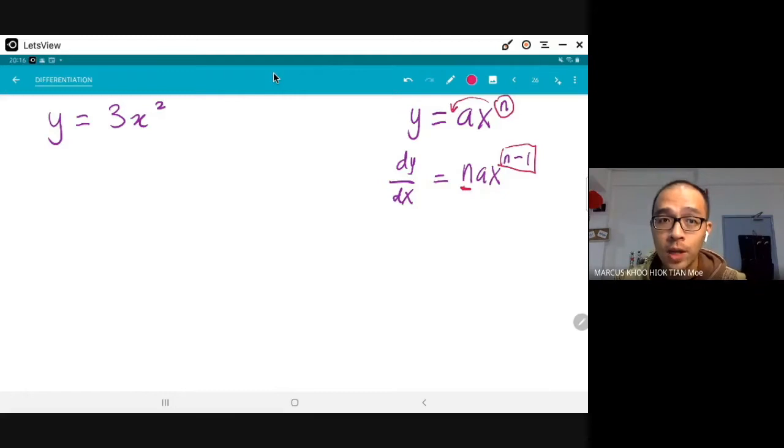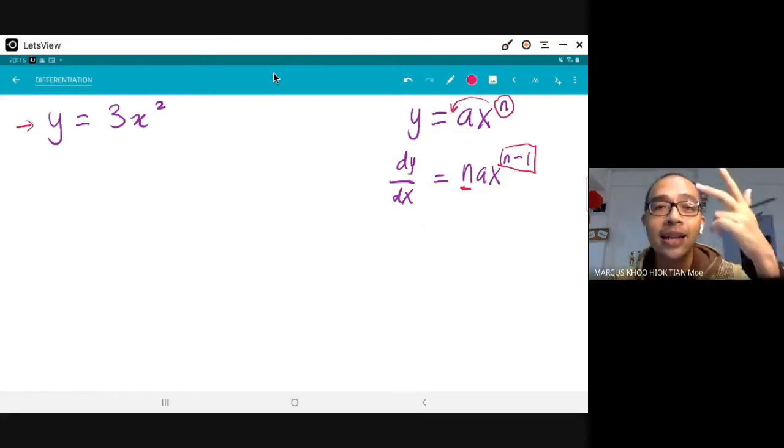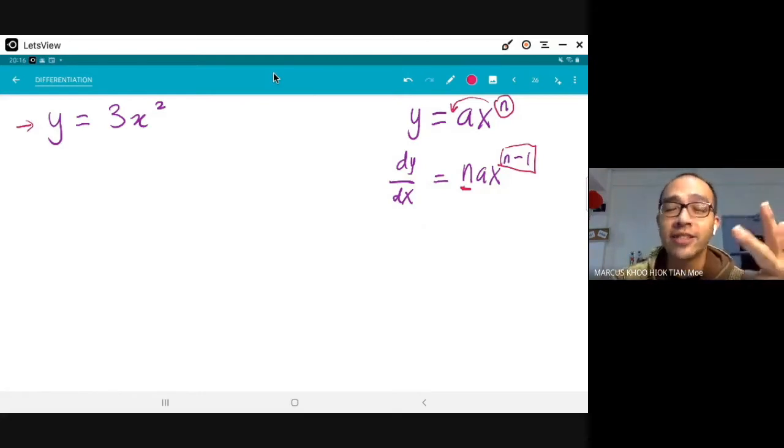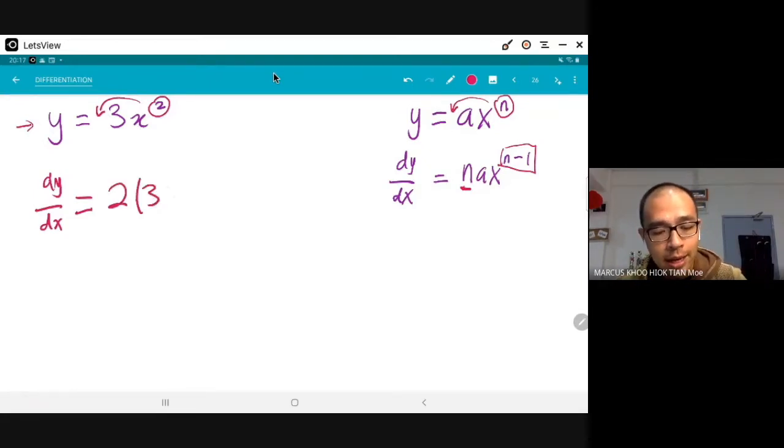So what happens over here? If my original function is y equals 3x squared, my first derivative, alias gradient function, alias first time differentiation, same thing, which is dy dx, will be the 2 I bring to the front. So 2 times 3x to the power of 2 minus 1, which will be 1.